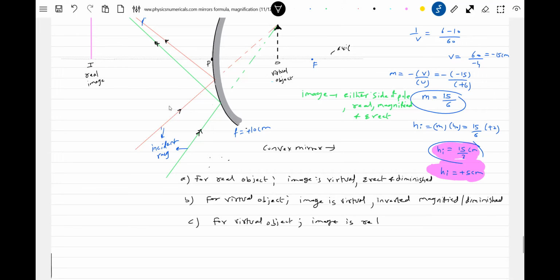Image is real, erect, and magnified. What is not possible? For a real object, a convex mirror cannot form a real image. I think that is what you are supposed to notice here.